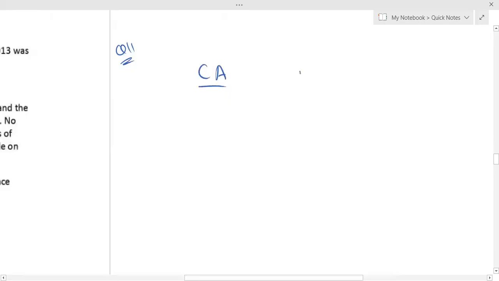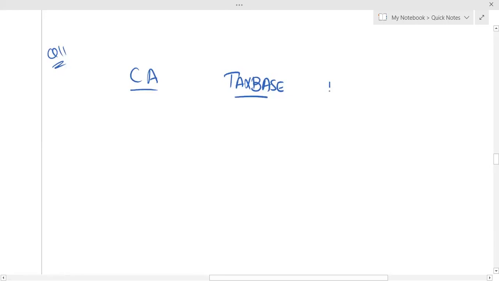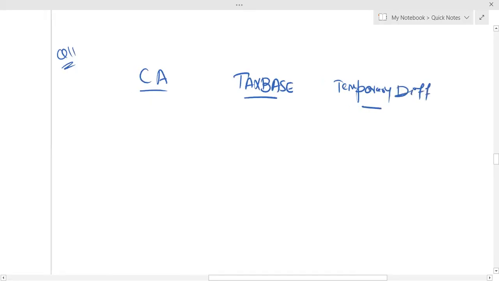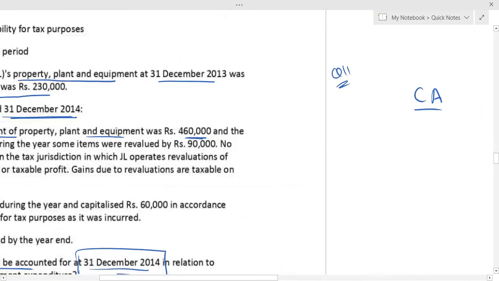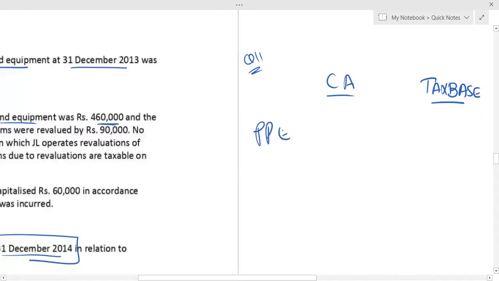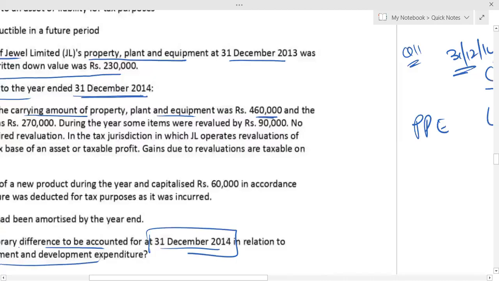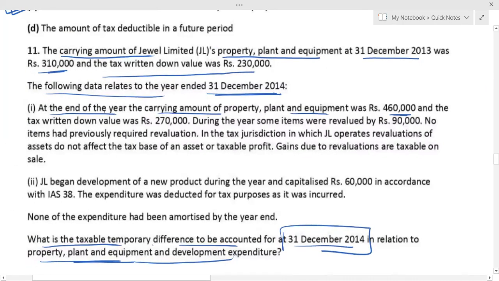Carrying amount, tax base, temporary difference. December 2014: the carrying amount of property, plant and equipment is 460 and the tax written down value is 270.